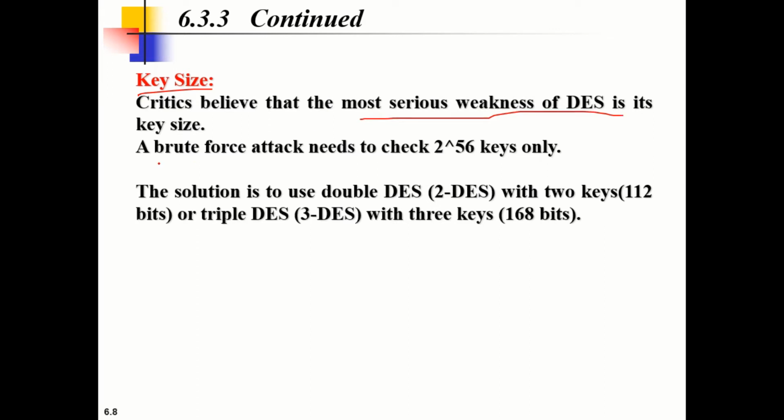Why? Because a brute force attack needs to check only 2 raised to 56 keys. In previous times, checking these 2 raised to 56 keys using a brute force attack was difficult. But nowadays, with the available technology, it is very much possible to check 1 million keys per second.